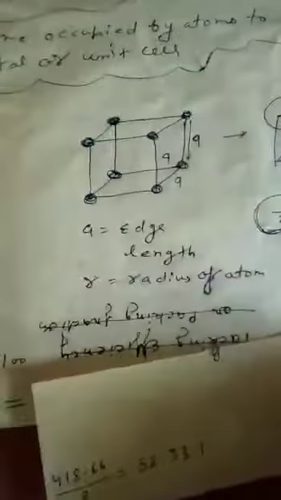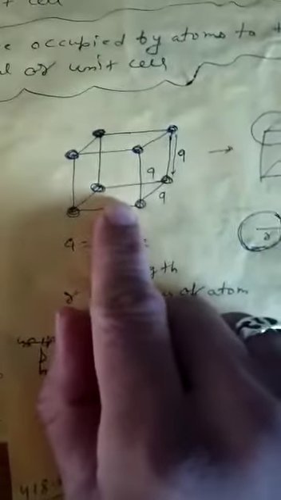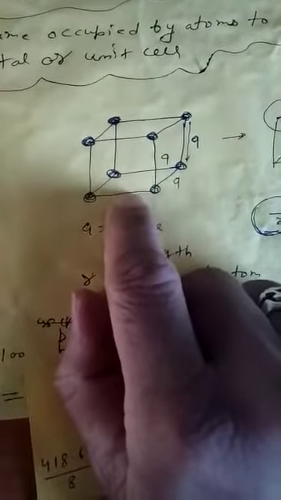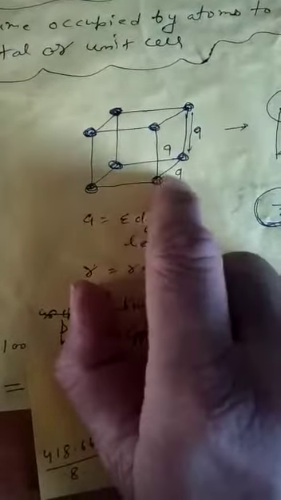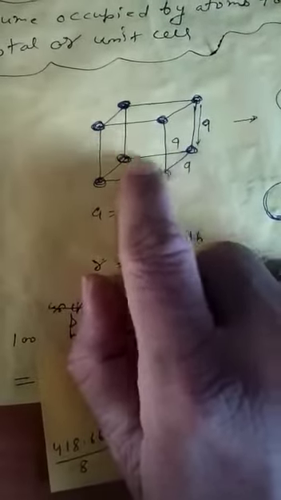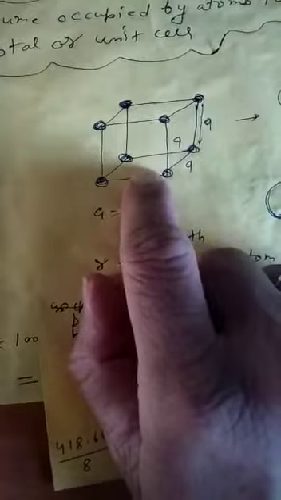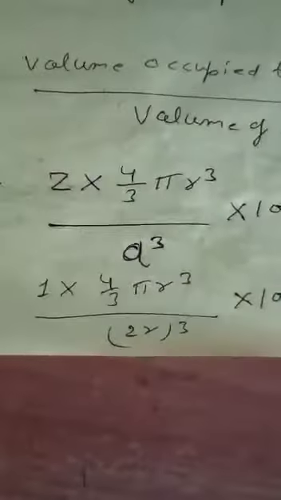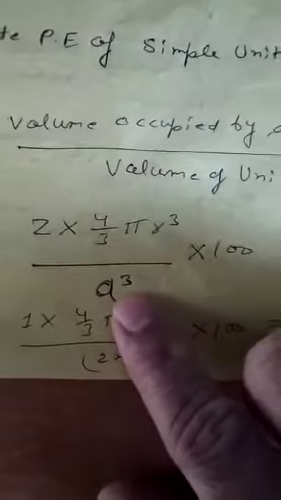If you see the simple unit cell, you can find that the particles are present at corners and the edge length is a, and it is a cubic system. So what will be the volume? It will be equal to a cube. So for this unit cell, the volume of the unit cell is a cube, as I have written here.